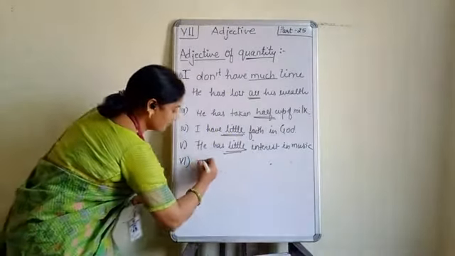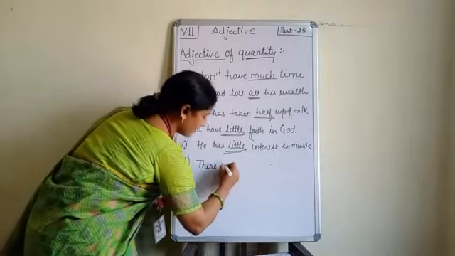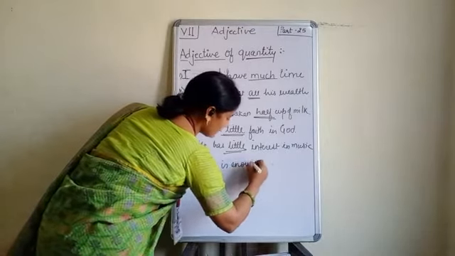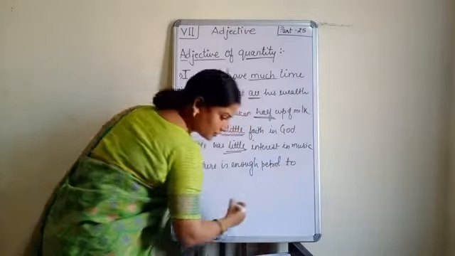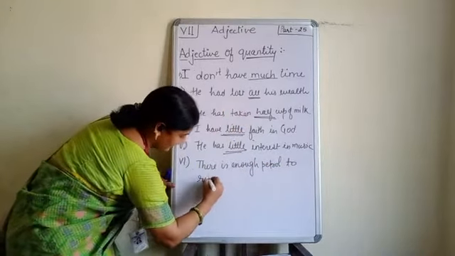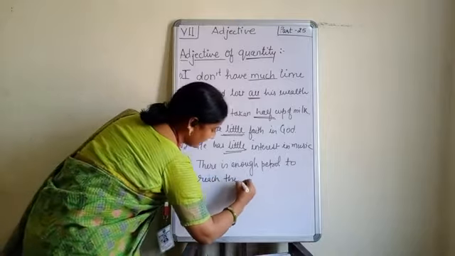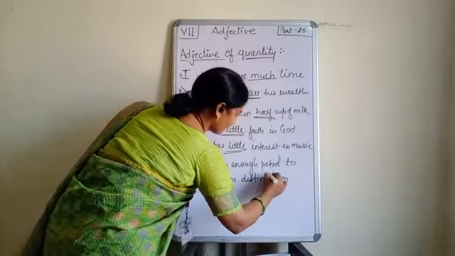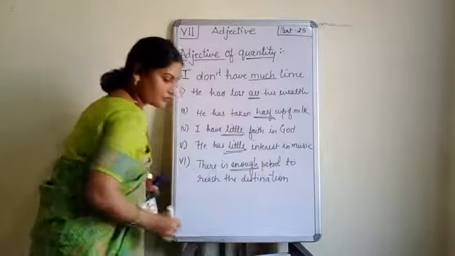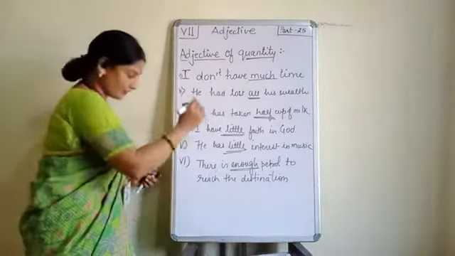One more example. There is enough petrol to reach the destination. Enough petrol. Okay. One more.